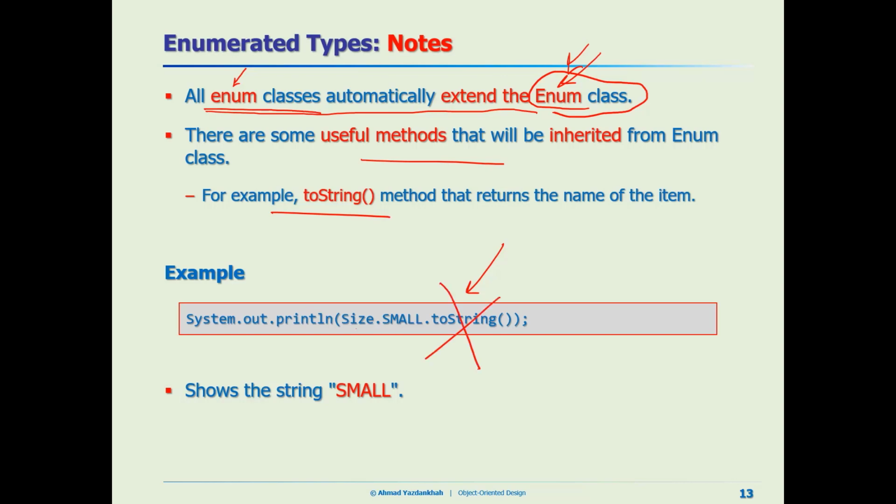We have seen this before, since this is println and Java expects a string to be passed here, if you just eliminate this, by default, Java invokes the toString, right?